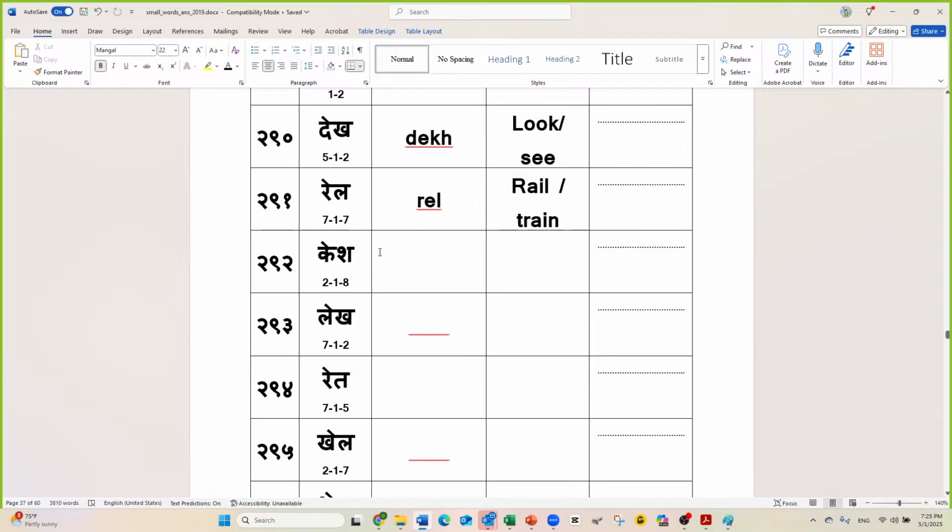Kesh. Kesh means hair. Now, Krishna ji, Lord Krishna, is sometimes called Keshav. The reason is he has very beautiful hair. That's why he is called Keshav. So it comes from the word Kesh.